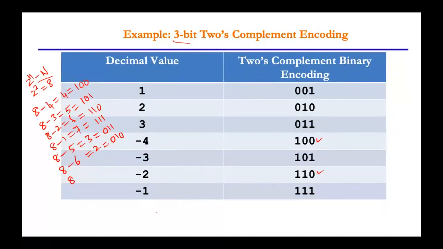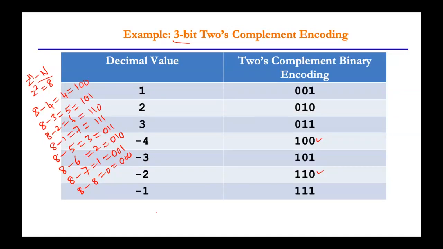And if it is 7, 8 minus 7 is equal to 1. That is 0 0 1. And if 8 minus 8, then that is 0. You will get the two's complement binary representation 0 0 0. Right?